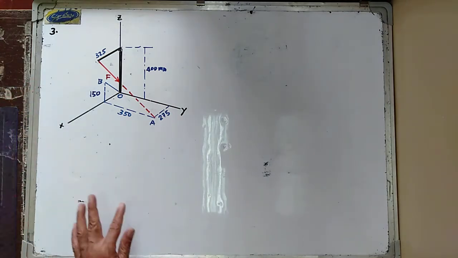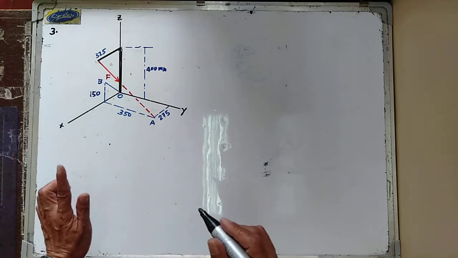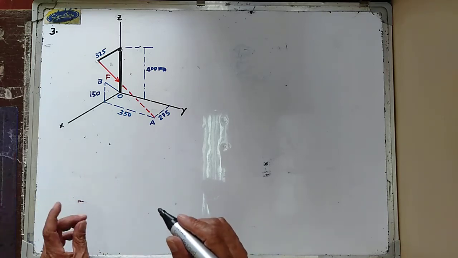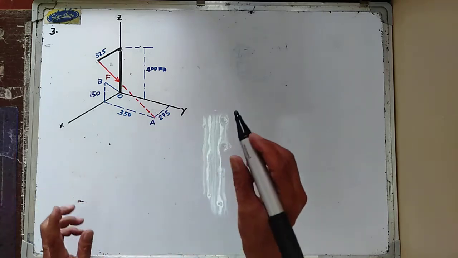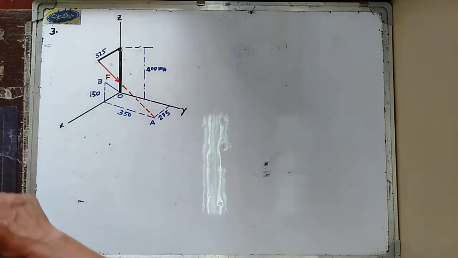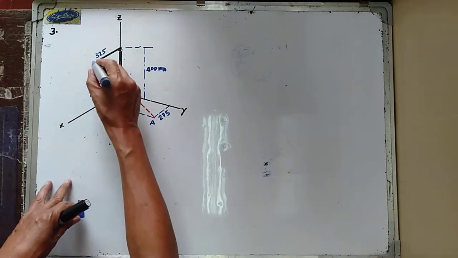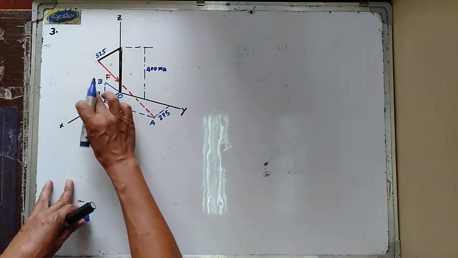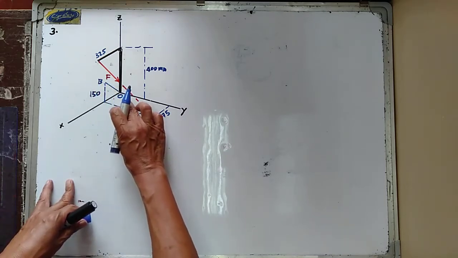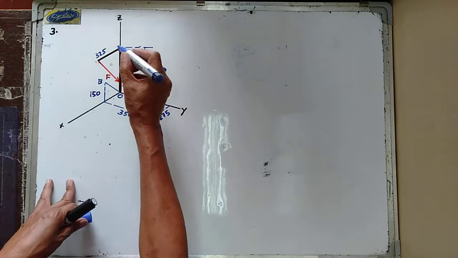So first, let us try to determine the coordinates of the different points. So this is now your point A, this is point B. Of course, point O is the origin of the coordinate system.